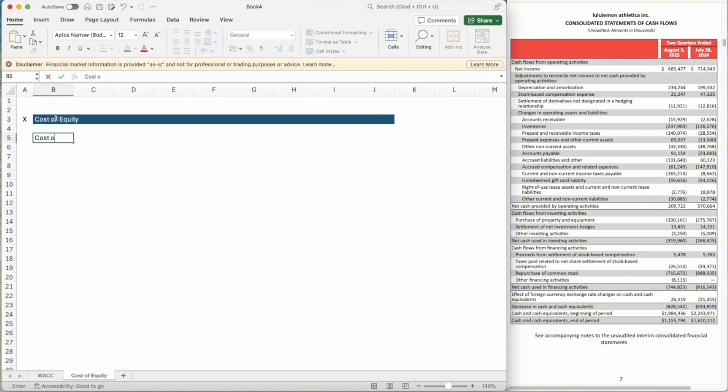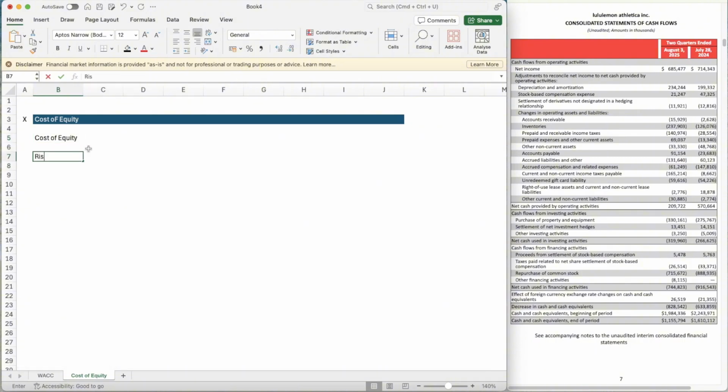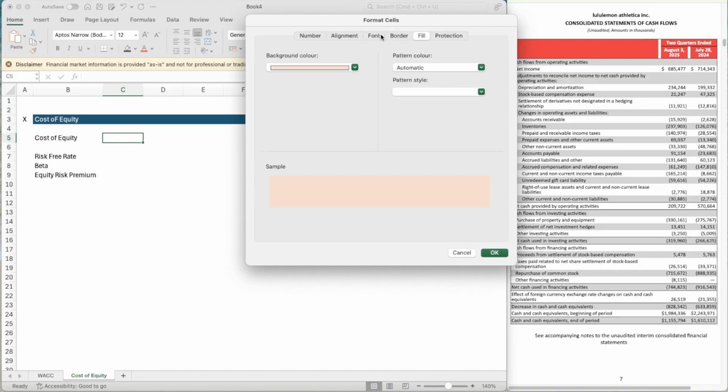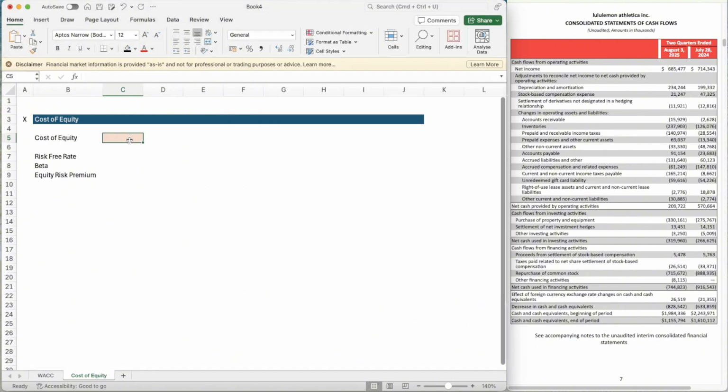We put cost of equity here, sorry. We go risk-free rate, beta, equity risk premium. Okay, looks good.